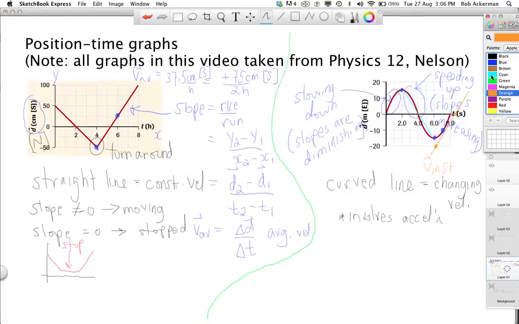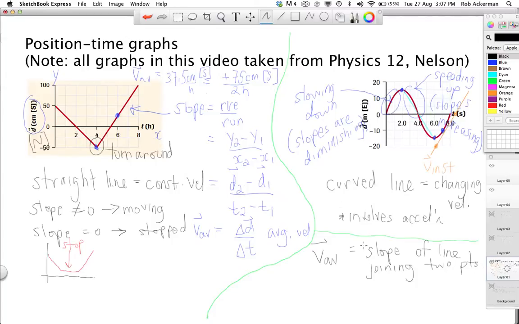So to recap, when you're on these kinds of graphs, average velocity is the slope of a line joining 2 points.